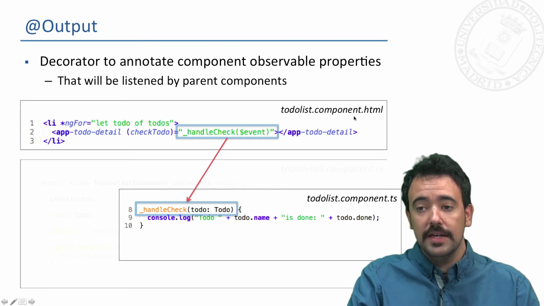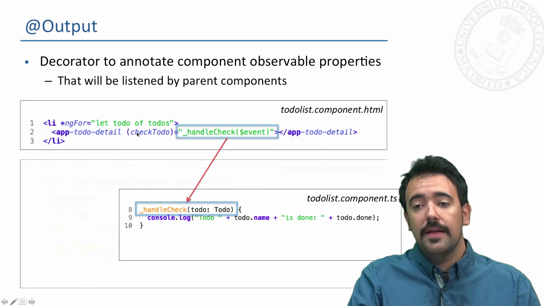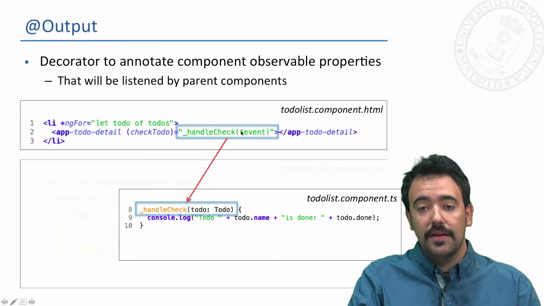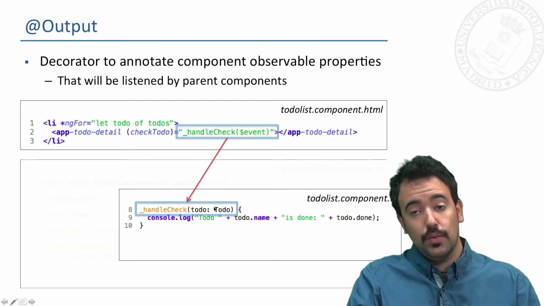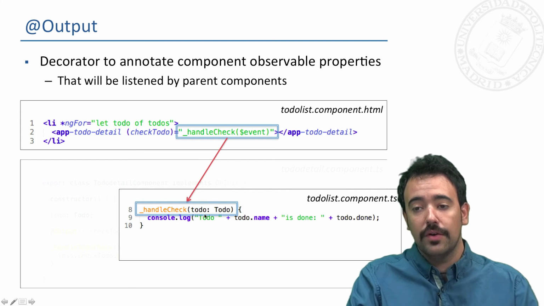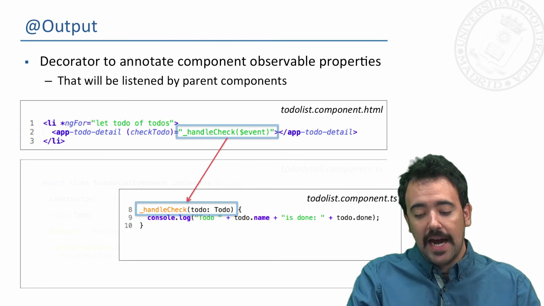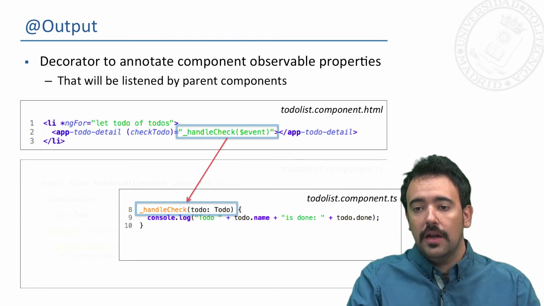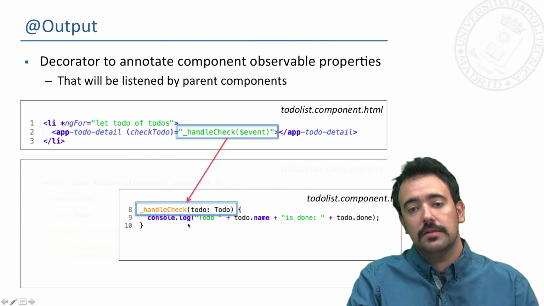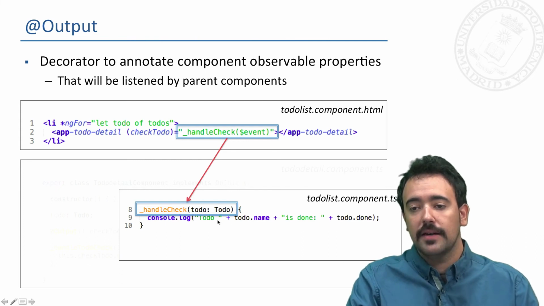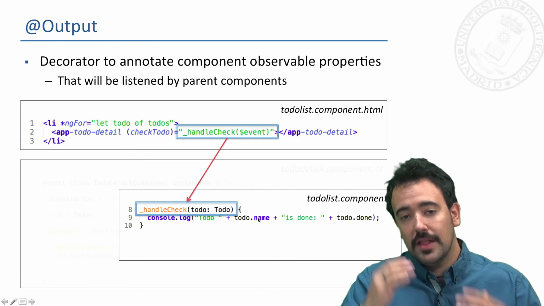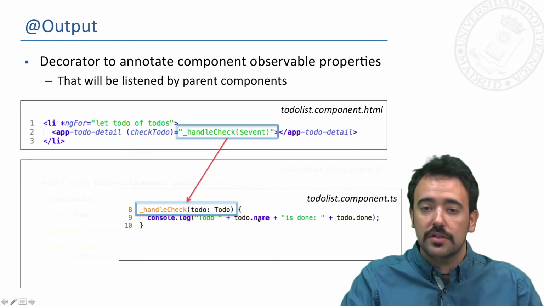You can see in the template we have included for each of the children this method handle check, and we are passing this event property that, as we have shown before, is just the specific to-do on which the user has clicked. In this case we are just displaying a log that says this specific to-do is already done.